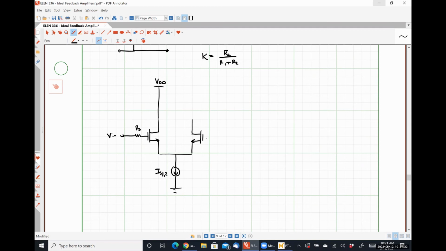IS1, 2. My resistance R11 will be connected to the input port, so that's why it's going here.